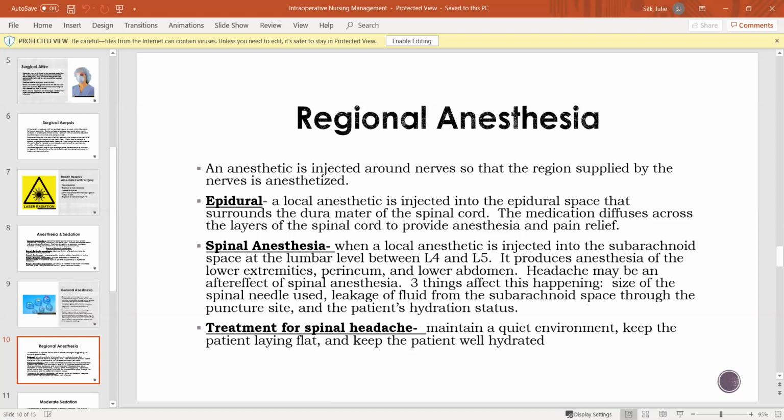Let me see if I forgot anything on this slide here. Oh, so during regional anesthesia, you can be awake. Even though my daughter had general anesthesia plus the block, not everyone has to have that. Some people don't do well being put under for anesthesia for one reason or another. So a lot of times they use blocks anymore and you can actually be awake during the whole thing.